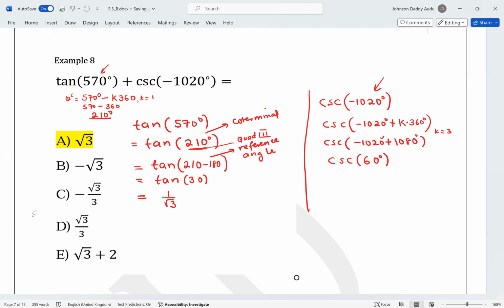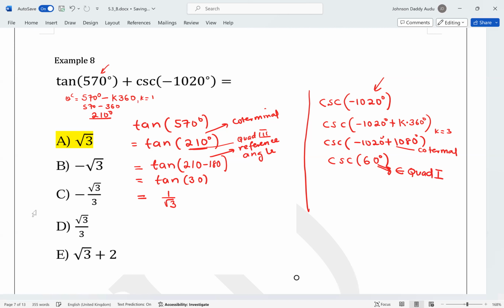Now, 60 degrees is in which quadrant? So up till this moment, what have we used? We have used only the coterminal here. So 60 degrees is the coterminal. Then we'll look at 60 degrees. 60 degrees belongs to which quadrant? It's in quadrant 1, right?